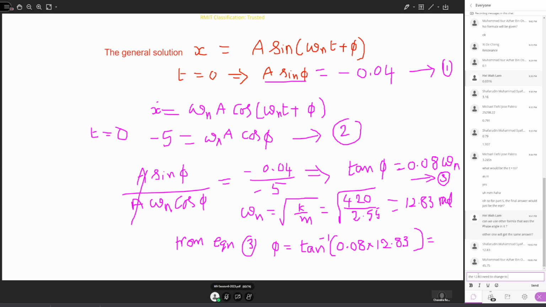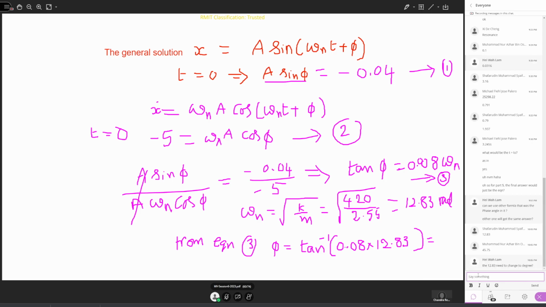There will be two zeros here. Check your calculation. This ratio, 0.04 over 5, is 0.008, right?